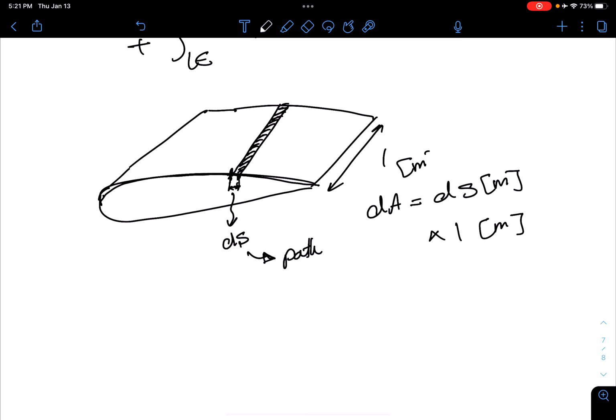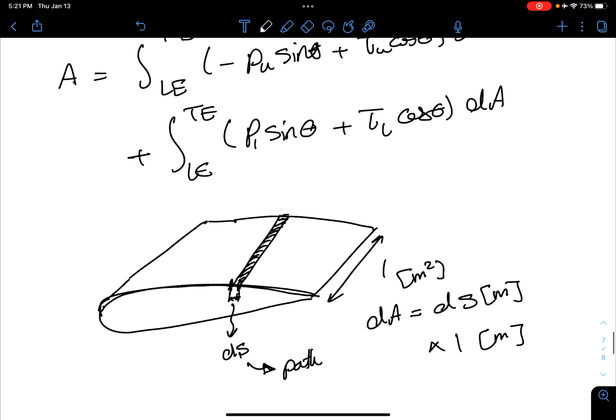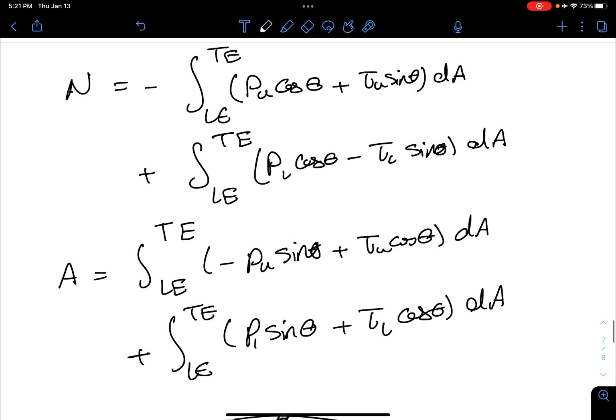This is meters squared. So let's simplify the equations. ds multiplied by 1, and this is ds of the upper surface.